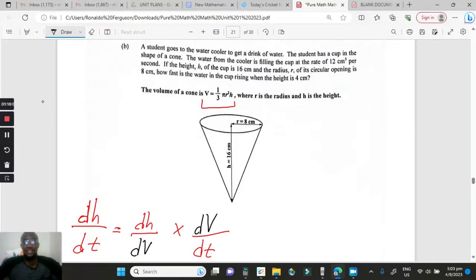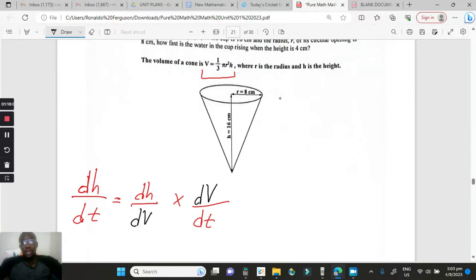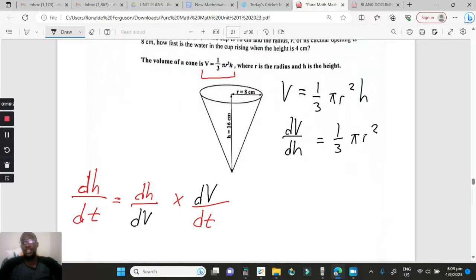And it's that easy. Now, V equals 1 over 3 pi r squared h. Let me just differentiate with respect to h first. So dV by dh, I just drop off the h, is 1 over 3 pi r squared, which I can rewrite as pi r squared over 3.